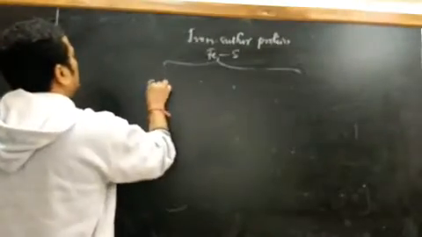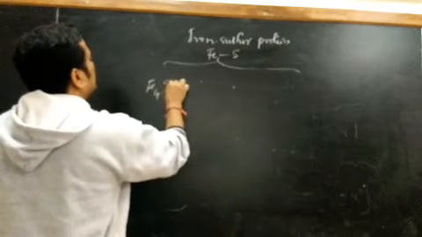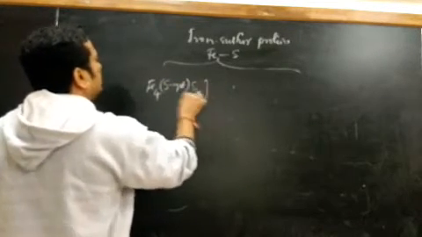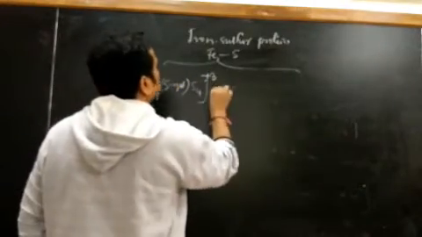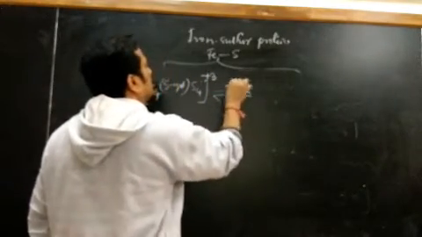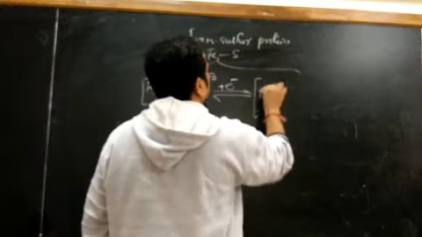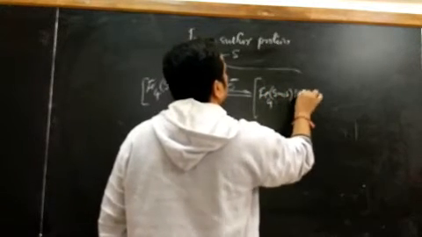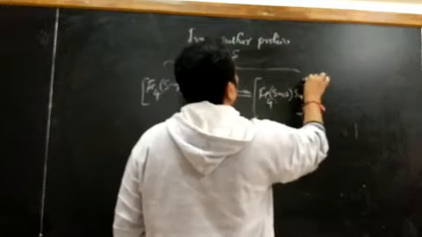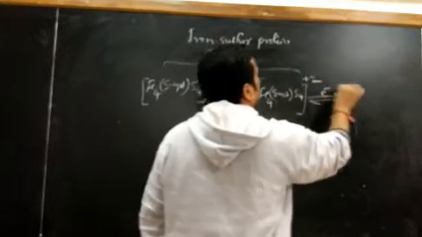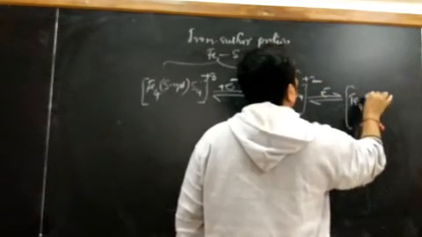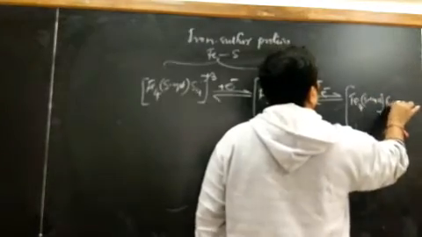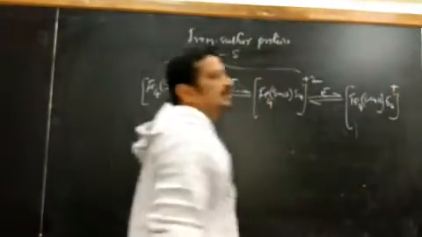P4, sulfur of cysteine 16, plus 4, plus 3, plus electron, again P4 sulfur of cysteine 16 plus 4, plus 2, plus electron, plus P4 sulfur of cysteine 16, plus 4, and this is plus, like this.